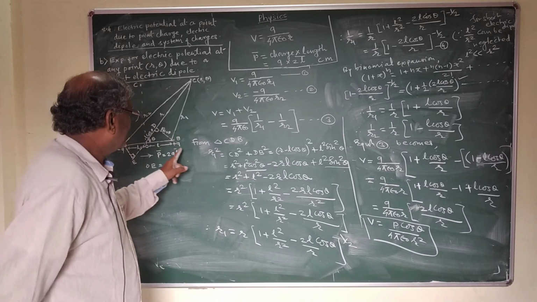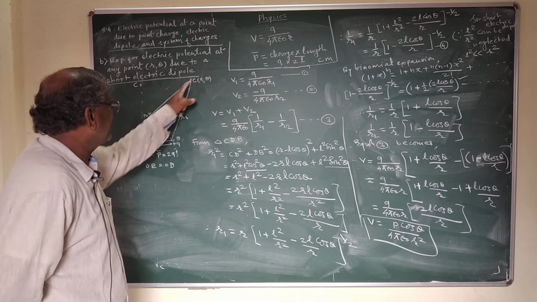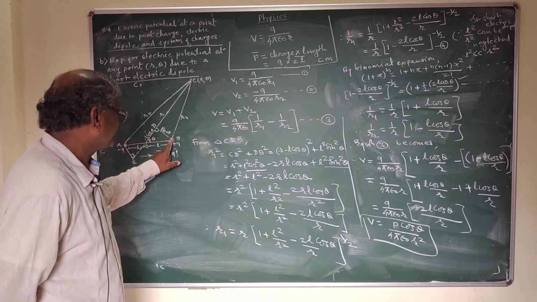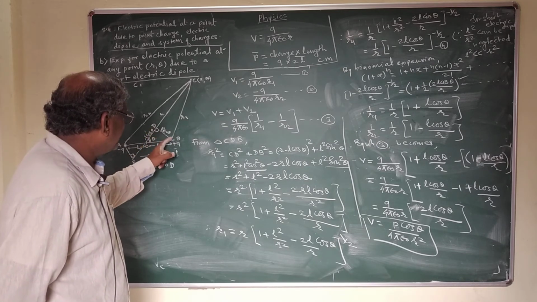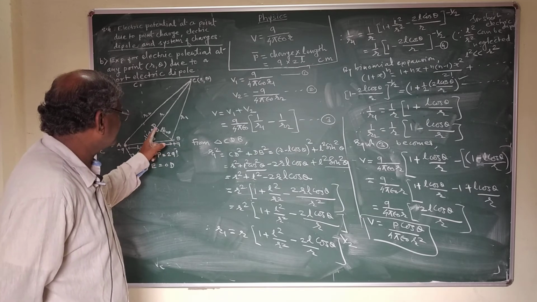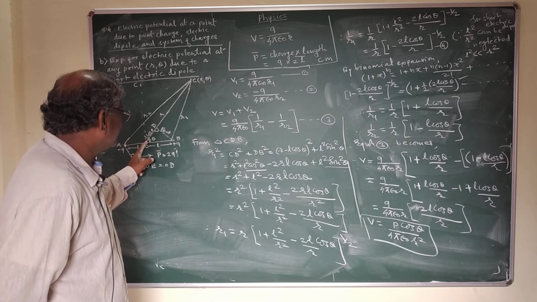So that from triangle CDB, from this triangle, we know that this side of this triangle is the sine side. This side is the cosine side.